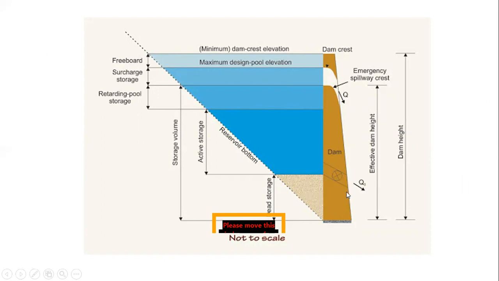And the dead storages are the storages which are not accounted for any kind of designs of water, because dead storage is that minimum amount of storage which is to be kept in the reservoir. So there are a certain amount of freeboards, and there is a spillway here, and the total dam height is this.